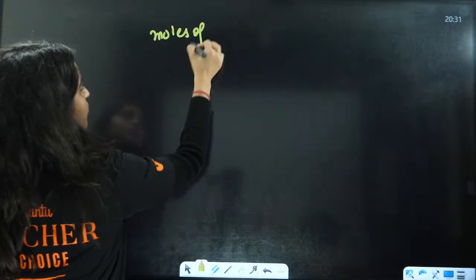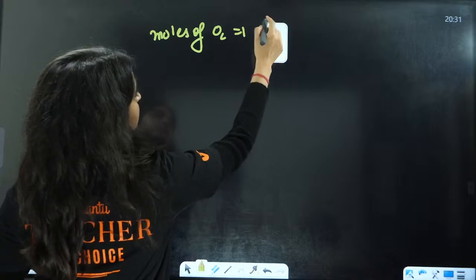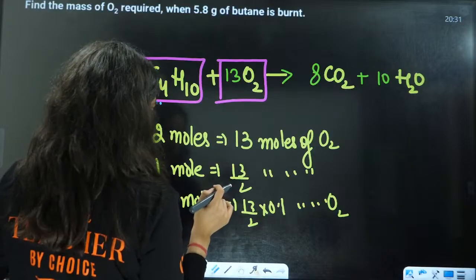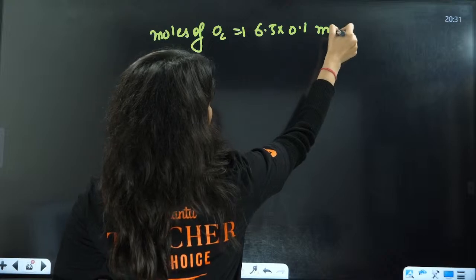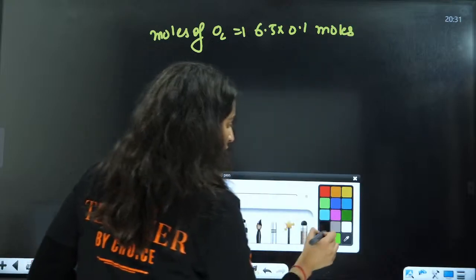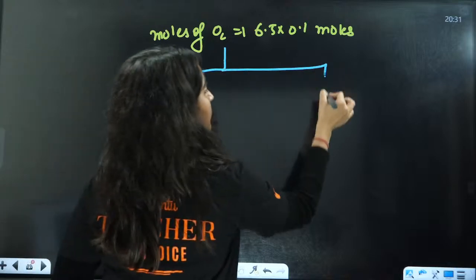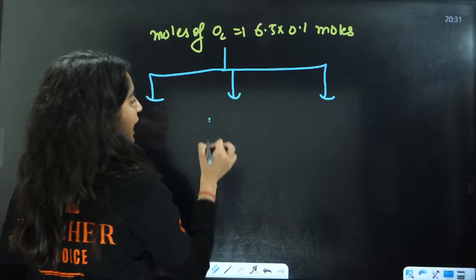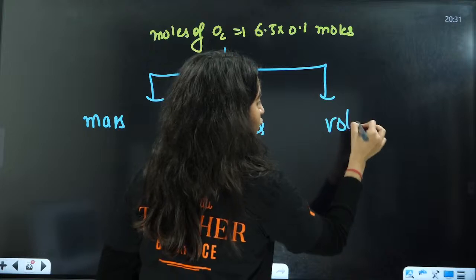Moles of oxygen is 6.5 into 0.1, that is 0.65 moles. You have the moles of oxygen here. Now you can calculate the mass of oxygen, the particles of oxygen, the volume of oxygen.